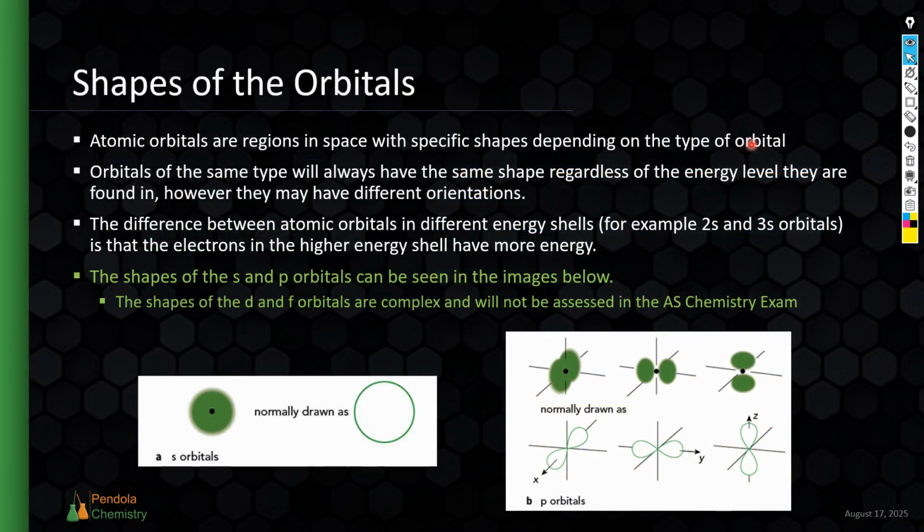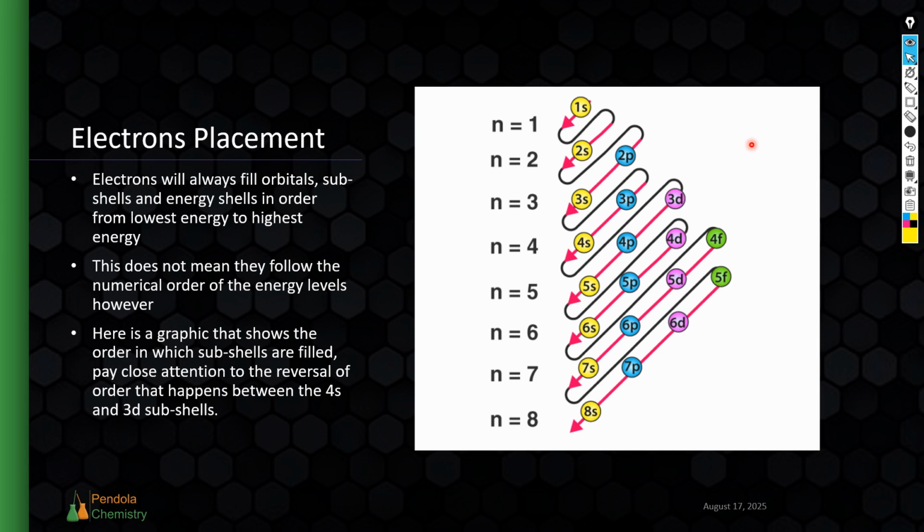We can use a shortcut, a visualization shortcut, in order to remember this. Essentially, what we're going to do is draw the sublevels into columns. So s first, then p, then d, then f. And then the energy levels are going to be rows. So we have 1s, because that's the only sublevel in 1. 2s and 2p, because those are the only sublevels in 2. 3s, 3p, 3d. 4s, 4p, 4d, 4f.